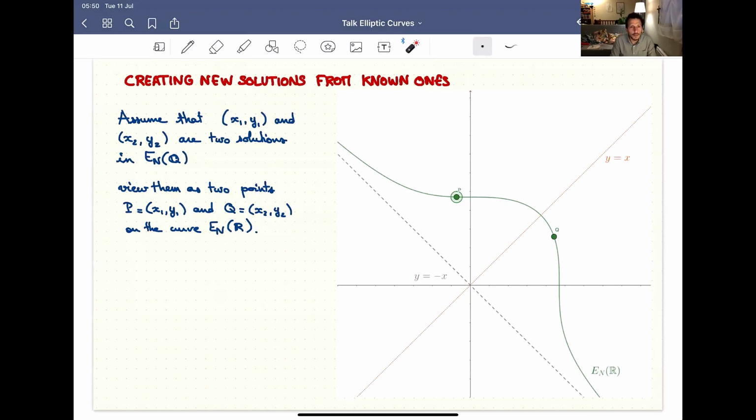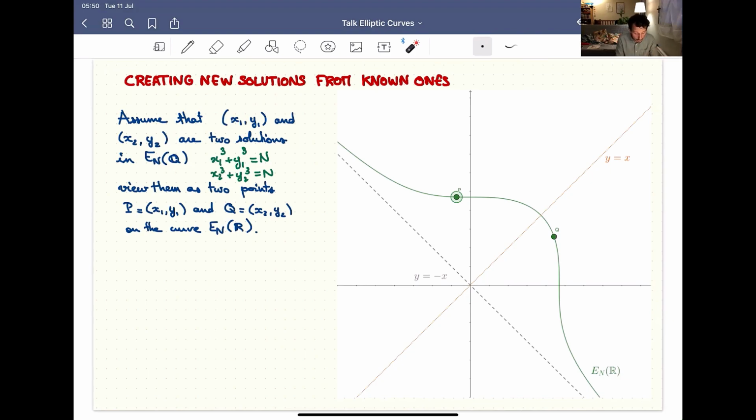So assume we have two solutions, x1, y1, and x2, y2. What this means is that x1 cubed plus y1 cubed equals n, and x2 cubed plus y2 cubed equals n. So we have two solutions to the equation x cubed plus y cubed equals n.